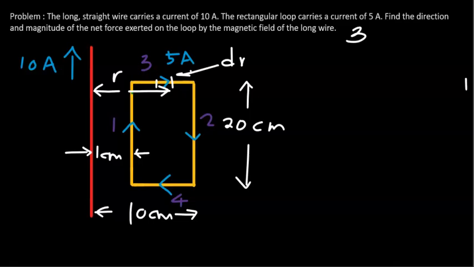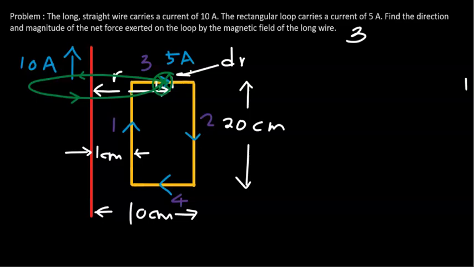The magnetic field produced by the long wire at the center of that tiny element will look like this. So that is the direction of the magnetic field, and exactly where the element is, the magnetic field will go into the board. So we represent that with a cross.